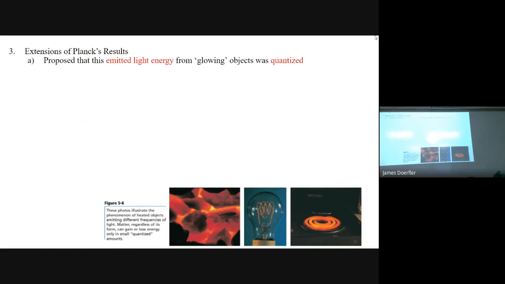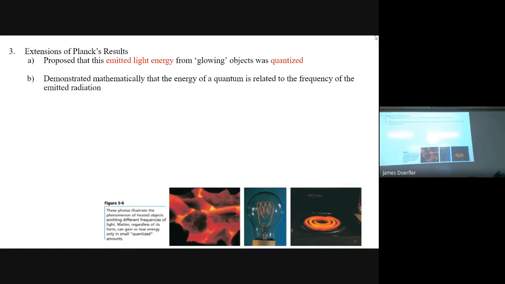So, they took Planck's results of his experiments and, as we expected, ran with it. Einstein went ahead and said that the emitted light energy from so-called glowing objects must be quantized.